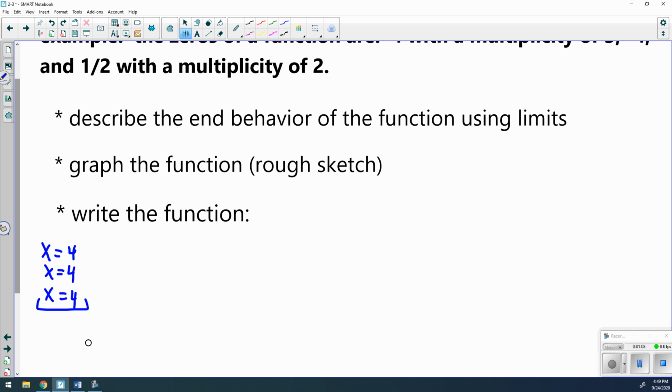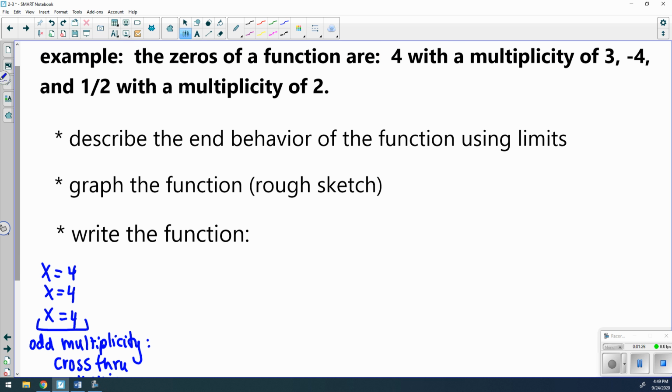I'm going to write odd multiplicity. If you have odd multiplicity, then your function will actually cross through the x-axis. So x equals 4, multiplicity 3. And that's technically an odd multiplicity, because it only shows up once, 1 being an odd number.